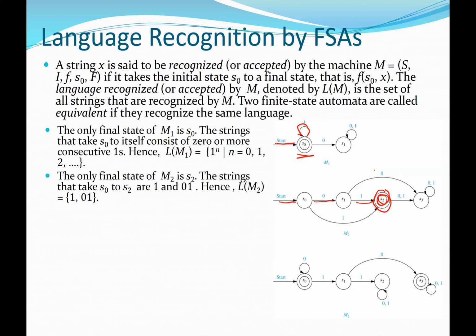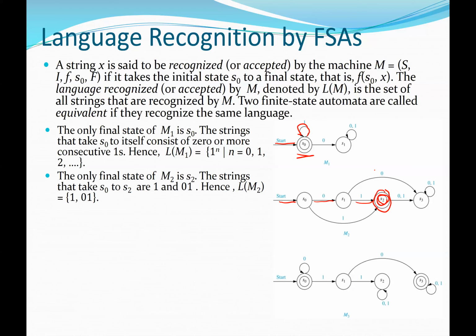Now in the last one, you can see there are two final states here, S0 and S3. S0 loops on 0, and then it sends everything else away. So that's one way to get to a final state. Or you can go with 1, which takes you to S1, and then 0, which takes you to S3, and then S3 loops 0 and 1 to itself.